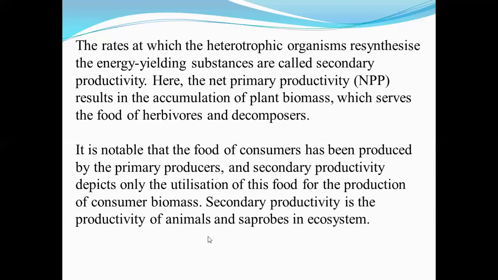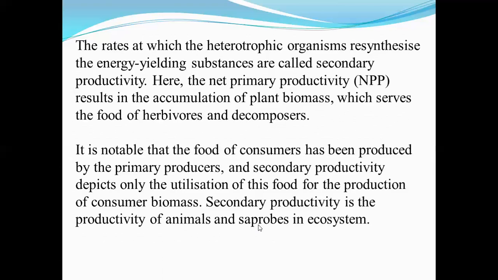Now, this secondary productivity is the productivity of animals and saprobes in the ecosystem. Now, the herbivores are eaten by the carnivores. So, herbivores are also sending their biomass to the next trophic level. But you cannot call it primary productivity because herbivores are not fixing solar energy. They are indirectly dependent upon the autotrophs or the producers.